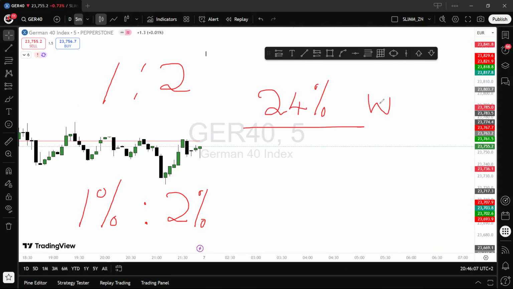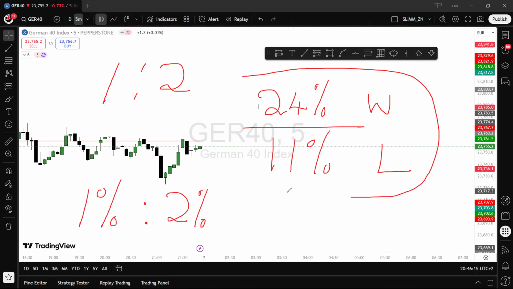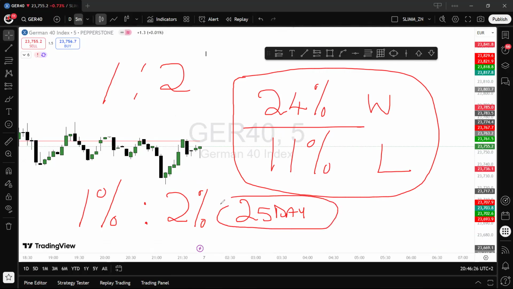Then we had 11 losses, which would have been 11% in losses. So overall, out of 25 days of trading, we literally won almost half and lost almost half, but we were still able to end net positive.